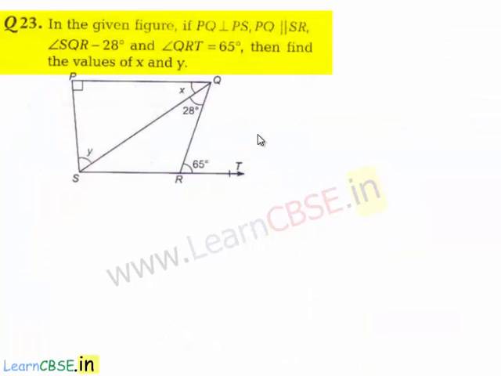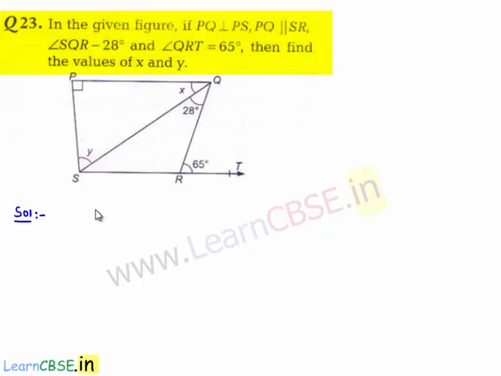Now moving on to question number 23. In the given figure, PQ is perpendicular to PS and PQ is also parallel to SR, angle SQR is equal to 28 degrees and angle QRT is equal to 65 degrees. Then find the values of X and Y. Now moving on to the solution.